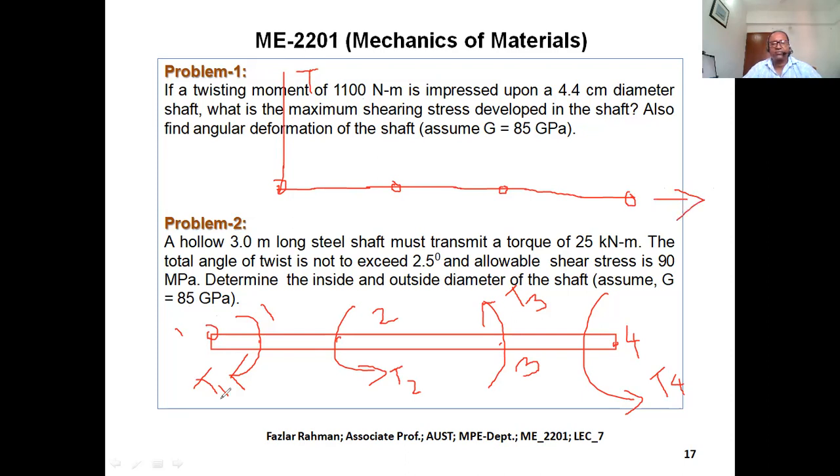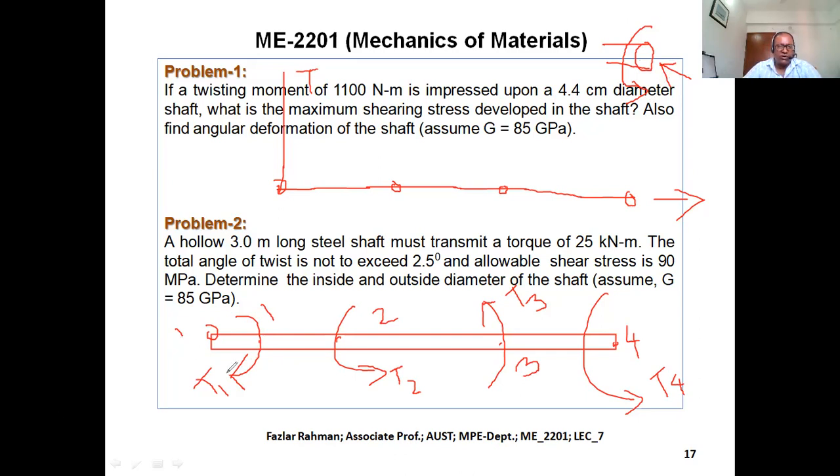So T1, what is our formula? In the free body, if it rotates along this direction looking from this side, this is positive. Anti-clockwise positive. You can think that I'm taking clockwise positive, it doesn't matter.